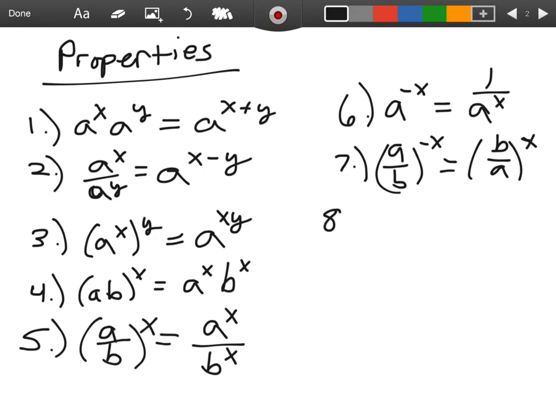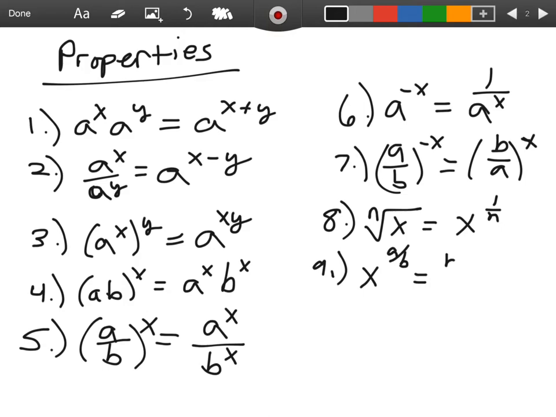Okay, one rule here that a lot of people forget about is if you have the nth root of x, it's the same thing as x to the 1 over n. And similarly, if we have, say, x to the a over b, that can be written two different ways. You could say the bth root of x to the a, or the bth root of x all to the a power.